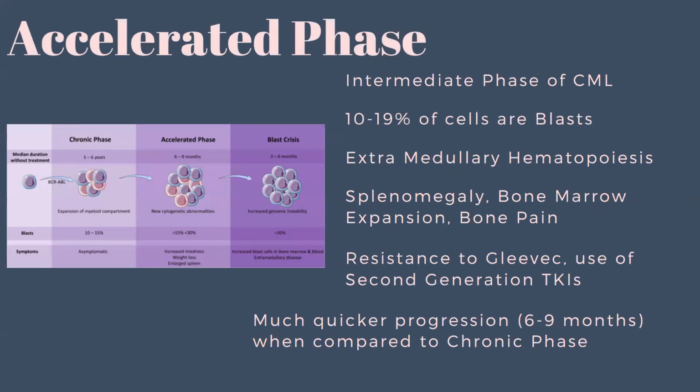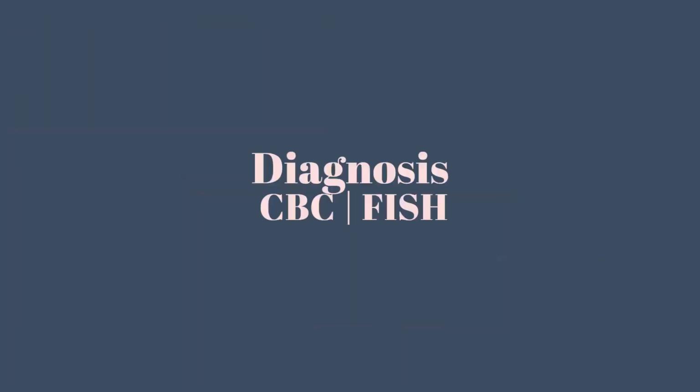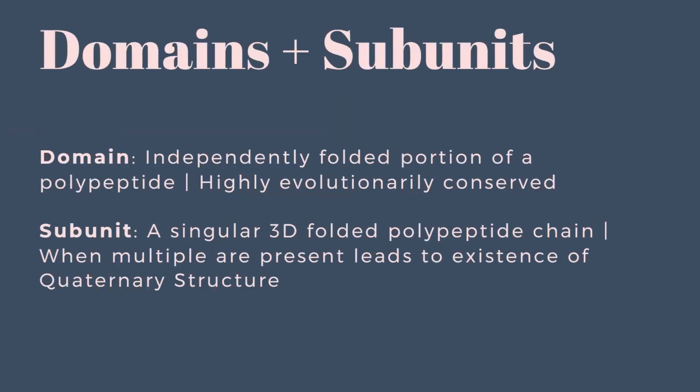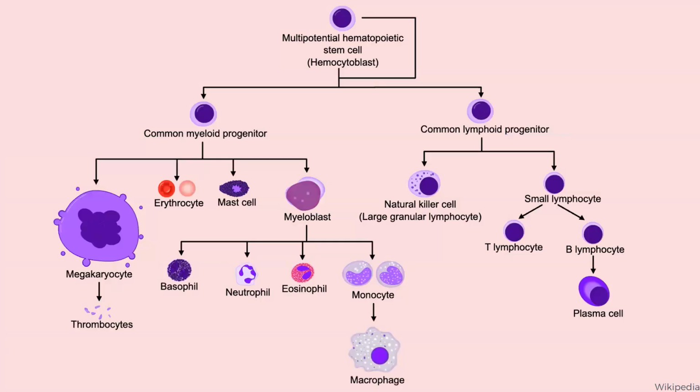So yeah, accelerated phase, which is a more intermediate phase of CML. Here, 10 to 19% of your cells are going to be blasts. And as we were talking about, I'm going to have to run back a couple slides. The less mature cells are going to be larger in size than your more mature cells.